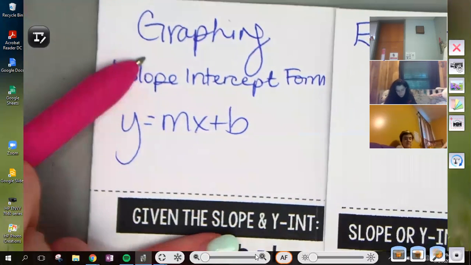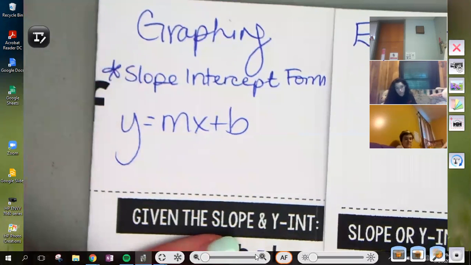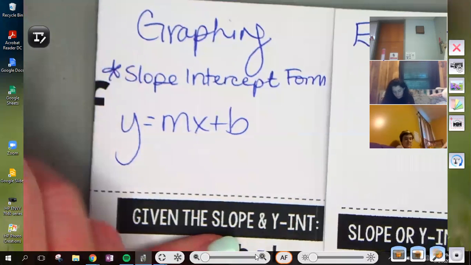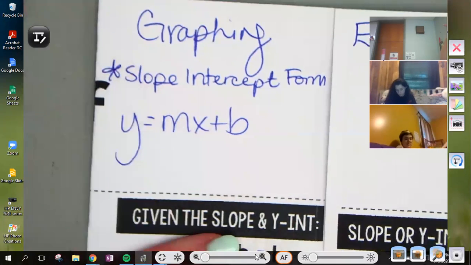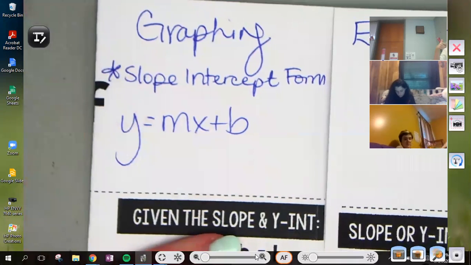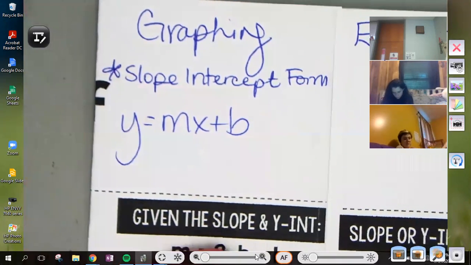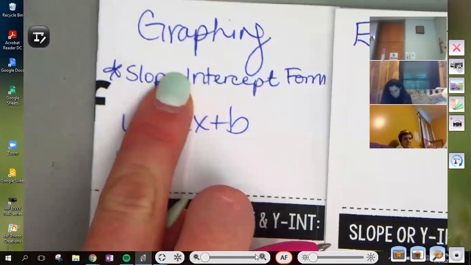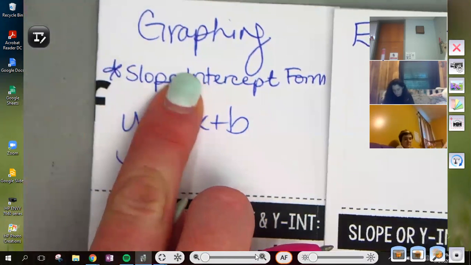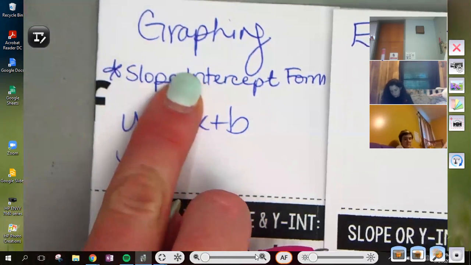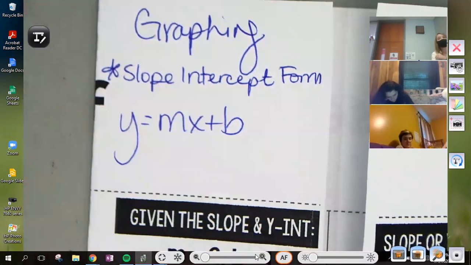Okay, it tells us the slope. And what else do you think? The y-intercept. Do those things sound familiar from last year? Slope and y-intercept.